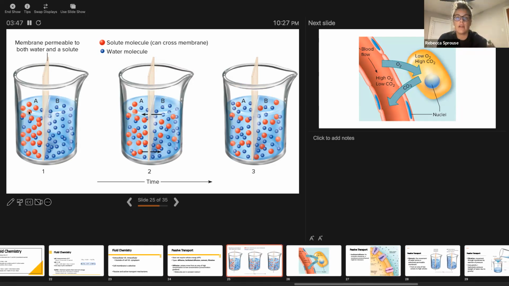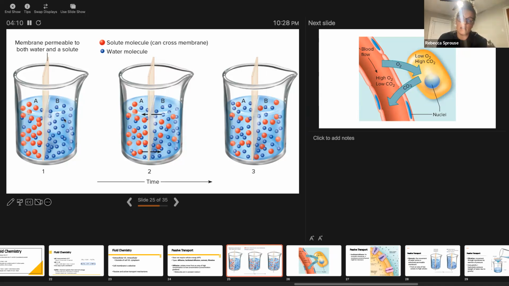So we see a very high concentration of red ions on side A and no red ions on side B. So it's very high on side A, very low, actually none on side B. So naturally, those red ions are going to move from this area of high concentration into this area of low concentration. So those are going to pass through the membrane until they are equivalent on both sides.